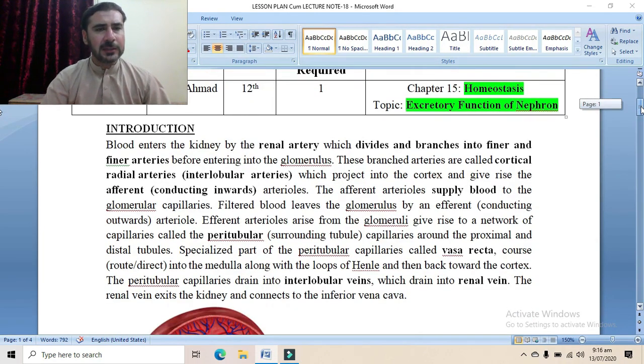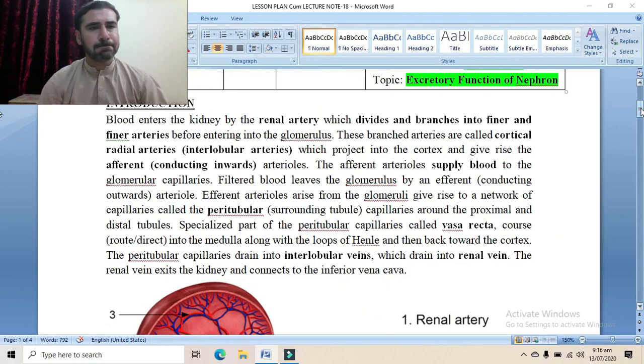Whenever the filtration occurs inside the glomerulus, the blood leaves the glomerulus through an arteriole which is known as the efferent arteriole. The efferent arteriole divides further and forms peritubular capillaries, which surround the proximal convoluted tubule and the distal convoluted tubule.